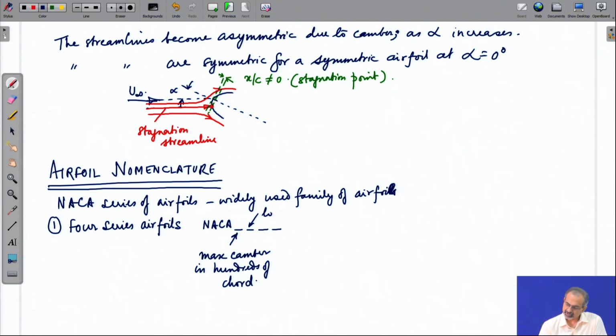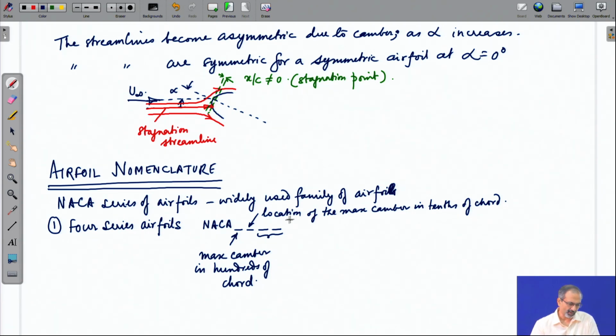The second digit gives you the location of the maximum camber in tenths of chord, and the last two digits in a combined way, what do they tell us? They give us the maximum thickness in hundreds of chord.